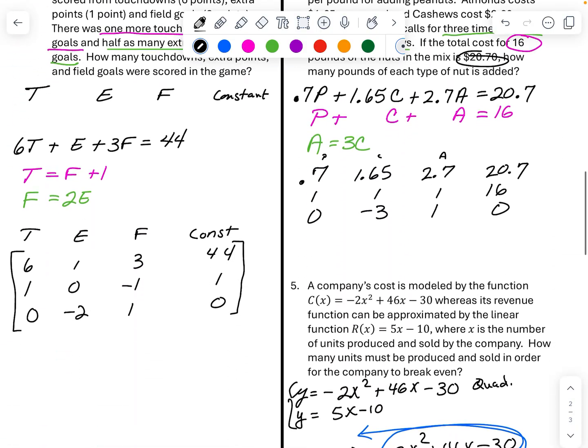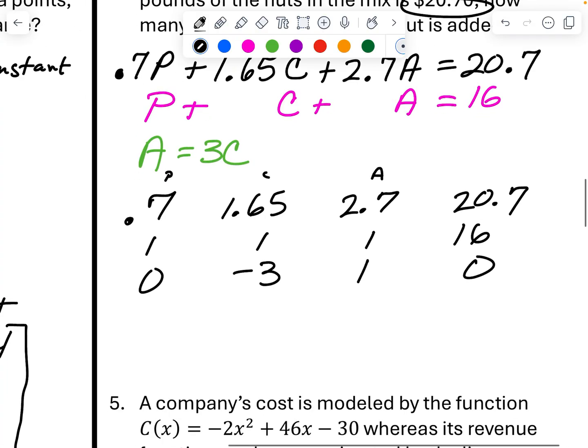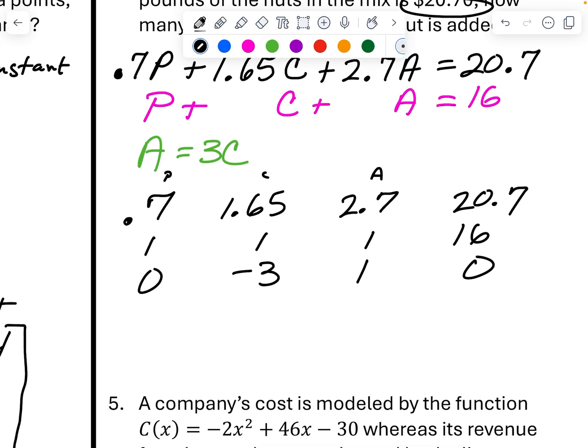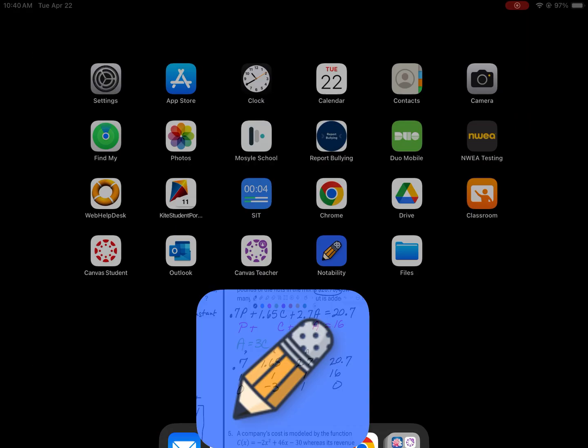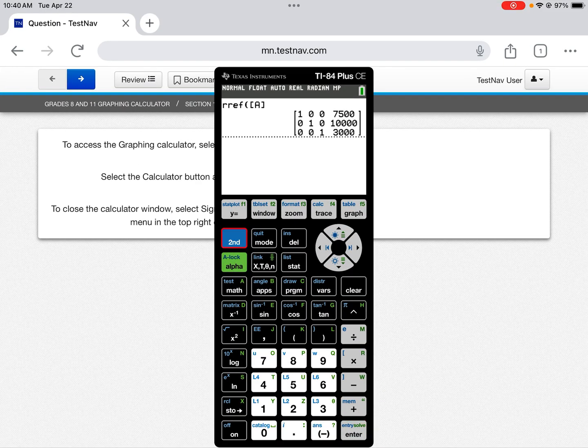Okay. This one. Let's do that same way. So 0.7, 1.65. Okay, so I'm going to grab our calculator. We're going to go second matrix, edit. We want to edit the second one. It's also 3x4.